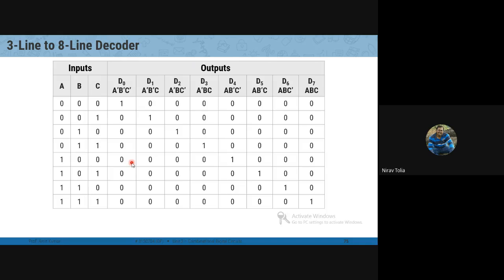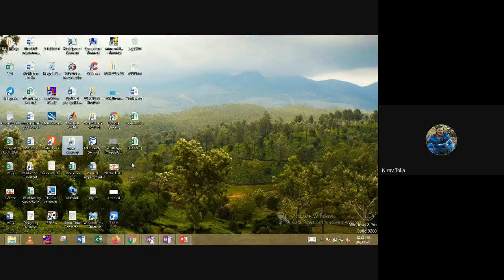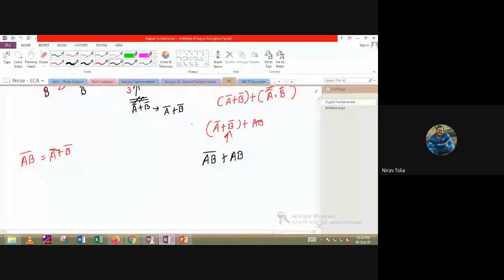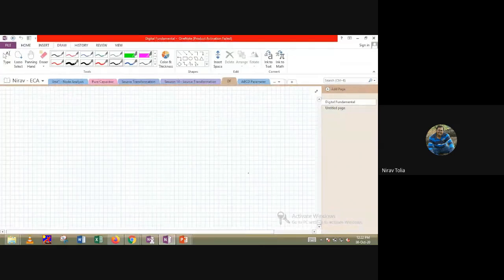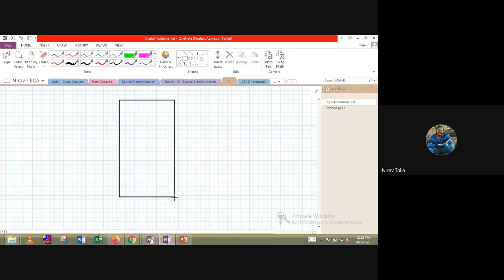Let me draw the block diagram of the 3 to 8 line decoder, and then we will move to the 2 to 4 line. It is a 3 cross 8 decoder.